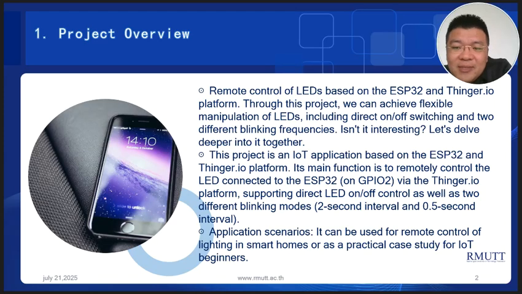This is the Blynk IoT application. It is used for remote control and controlling smart homes. More important is the interaction control of the LED process, to understand how hardware and cloud platforms work together.